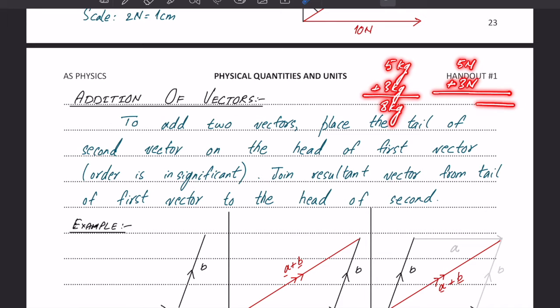If 5 Newton and 3 Newton are acting in the same direction, it will give me 8 Newton. But if they are acting in the opposite direction, it will give me 2 Newton. And then obviously, depending on their orientations, their directions, the magnitude of the resultant would keep on varying.